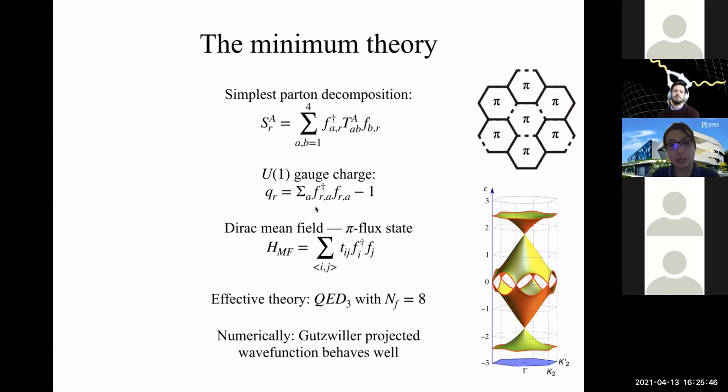Okay. And again, you can get a mean field theory that gives you Dirac fermions by putting a pi flux on every plaquette of the honeycomb model. So this is not the same as graphene.